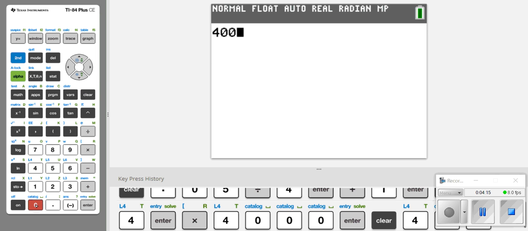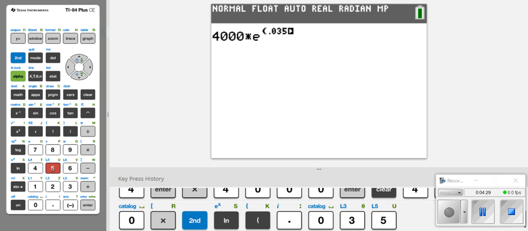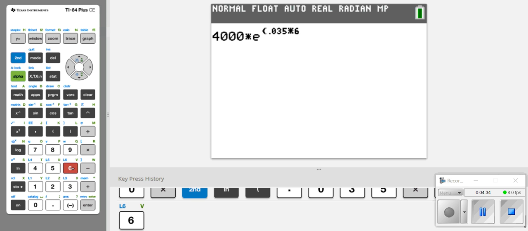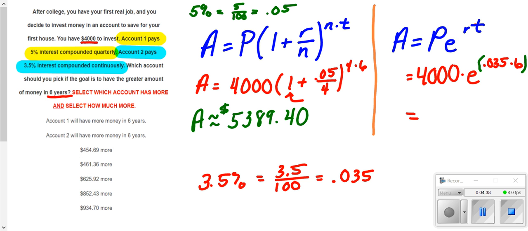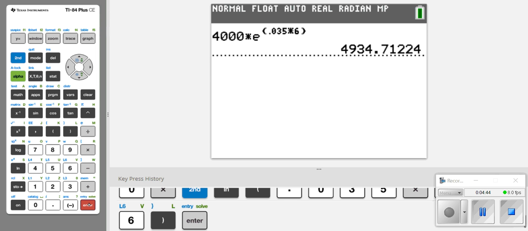So 4,000 times, and now I need an e key, and that is right over here. And then my exponent, I'm going to put parentheses there just as a security measure, just to make sure that the calculator understands I want all of this in the exponent. Did I get those values right? I should probably have a copy of this in front of me, but I'm just flicking back and forth instead because, live dangerously.